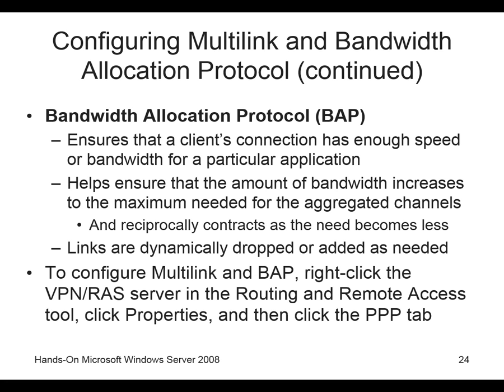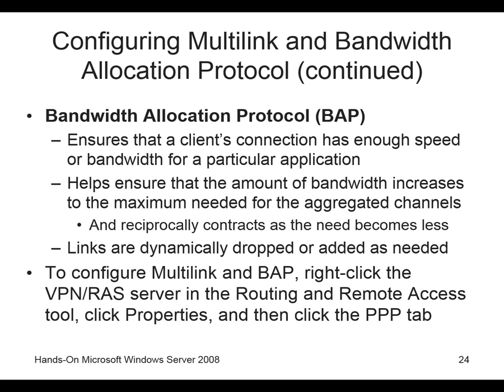Then we have what we call Bandwidth Allocation Protocol. It ensures the client's connection has enough speed or bandwidth for the particular thing. You don't want someone saying that you have to have a minimum connection of a LAN, but they're on dial-up, right? Are they going to be able to do anything? How many of y'all have seen that in virtual servers or stuff? There have been a couple websites that say, what is your connectivity speed, so we can download this traffic.